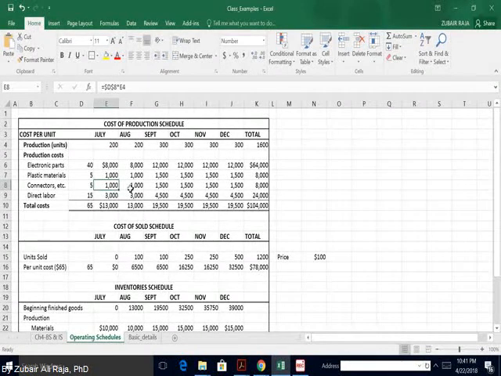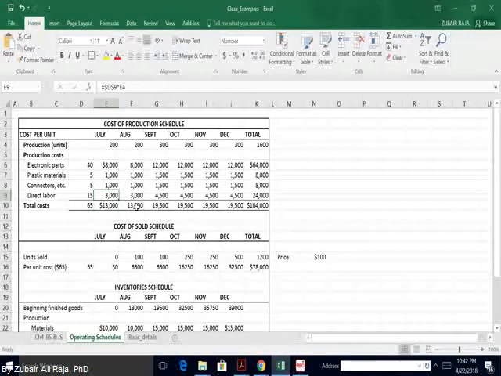Again, 1000 worth of connectors are used. So $1000 comes from D8 multiplied by E4. Now check over here, it's D8 multiplied by E4. And then direct labor is 15 multiplied by 200.